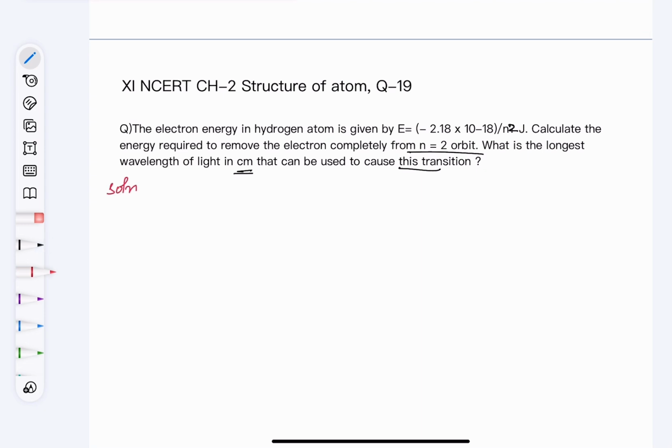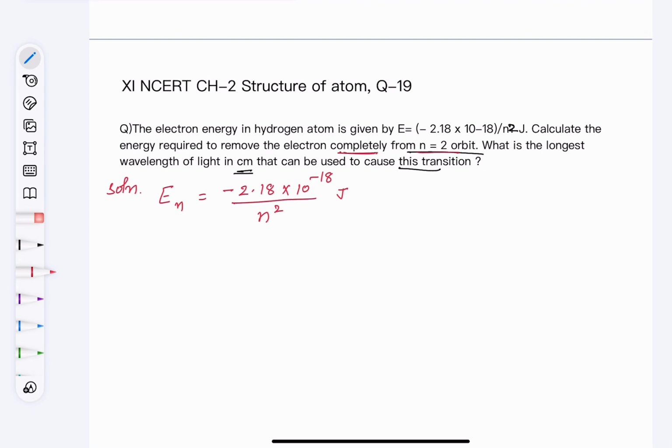The solution for this goes like this. You are aware the energy of the nth orbit is given to us as minus 2.18 into 10 to the power of minus 18 divided by n square joules, where n is the number of the orbit. Now here it is said that you need to remove the electron completely from orbit number 2.